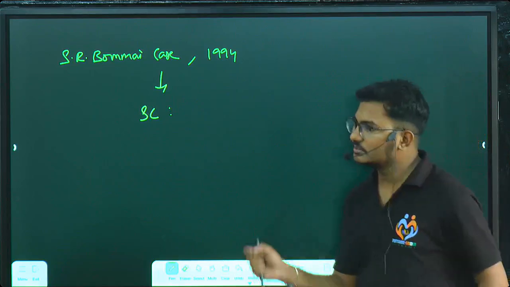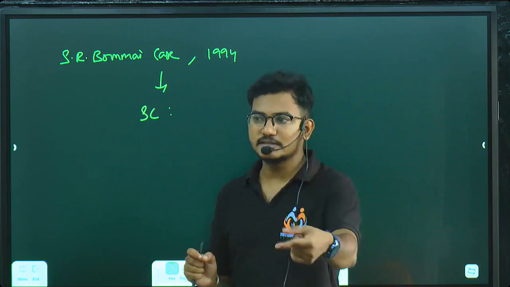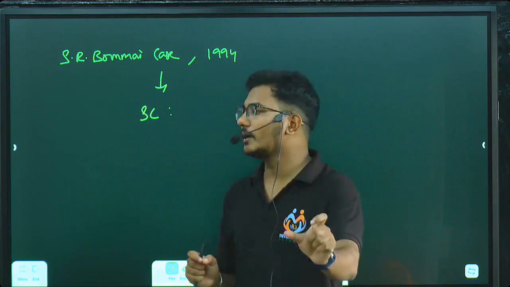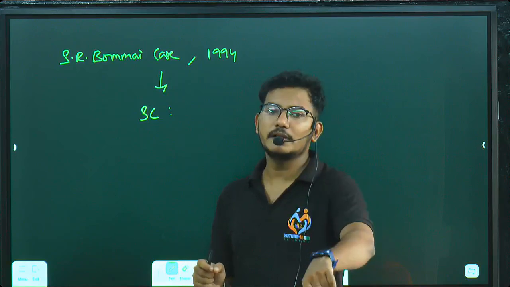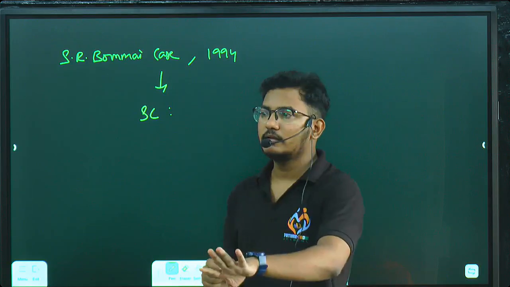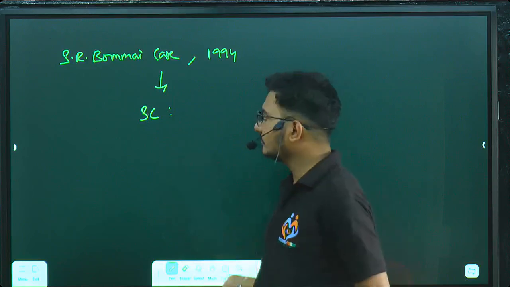First, once the president's rule is proclaimed, it must be approved by the parliament. Only after the parliament approval can you dissolve the legislature. So that point came from the Sarkaria Commission.